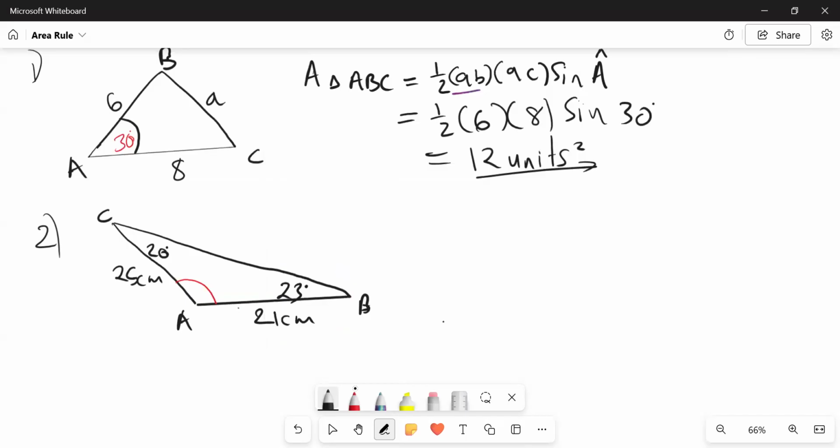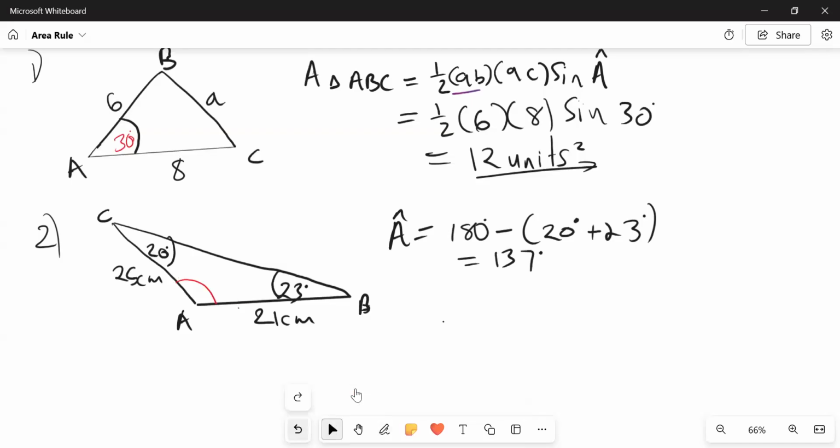So we use the sum of angles in a triangle, meaning now we can say angle A is equal to 180 minus 20 degrees plus 23 degrees, right? Which will give us 137. So when you add all these three angles, you get 180. That's what it means, basically. And then after getting 137, now we know that this angle is equivalent to 137.